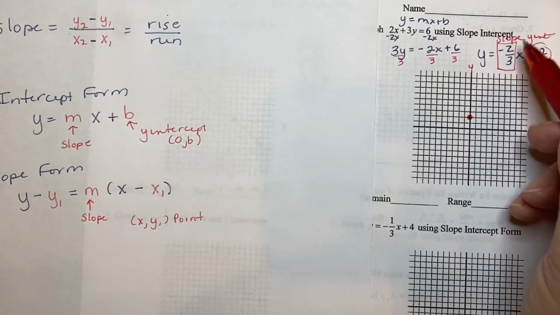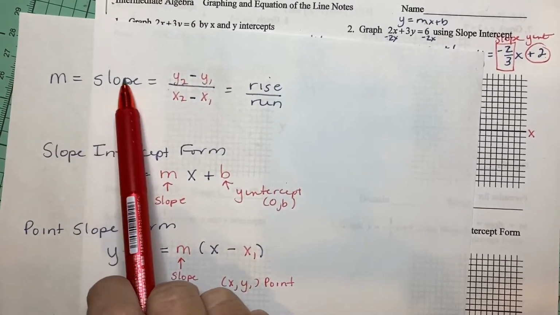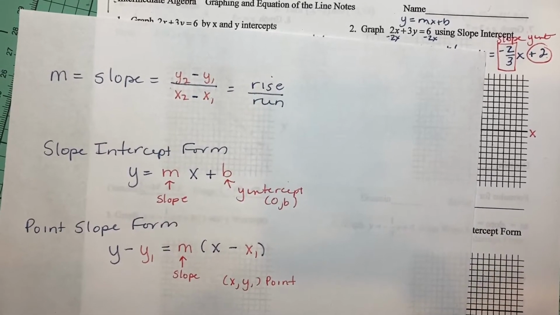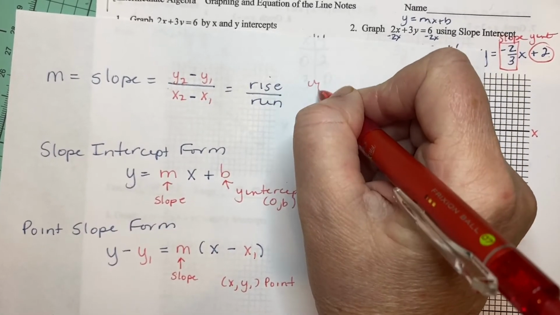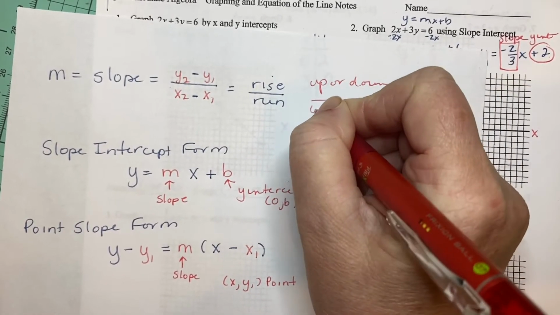But then we look at the slope, and from our formula here, you see that m always stands for slope, and slope is equal to rise over run. So rise means how far do you go up or down, and run means left or right.